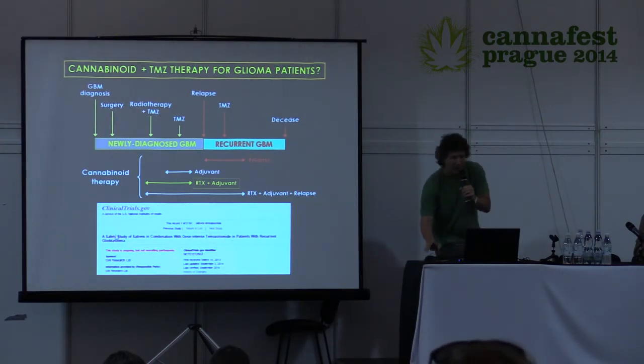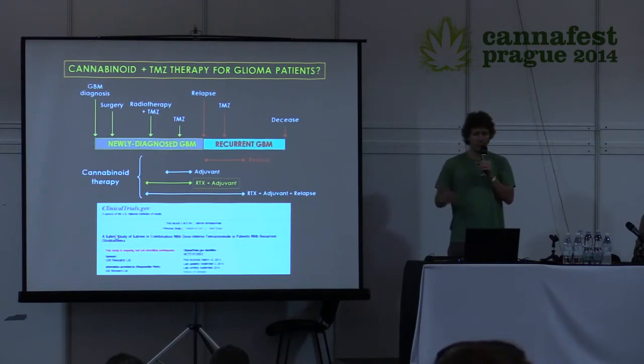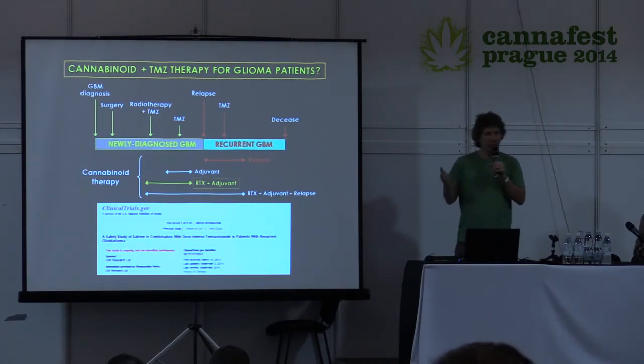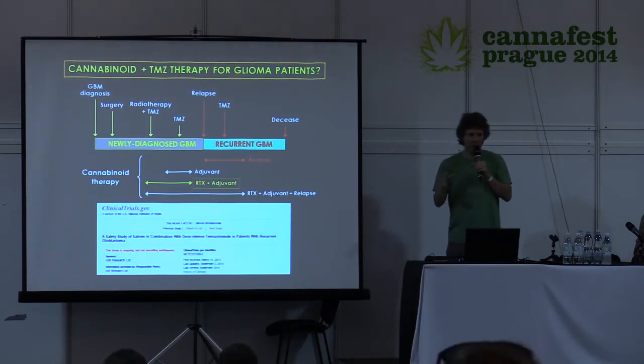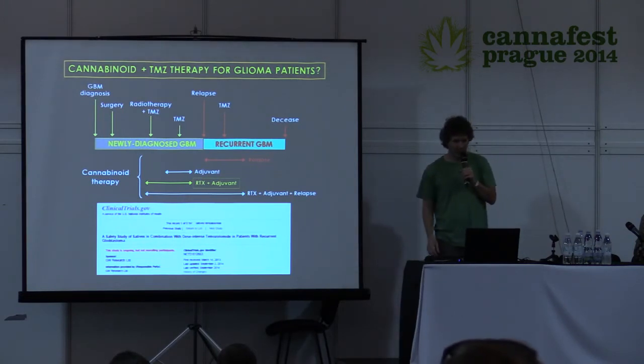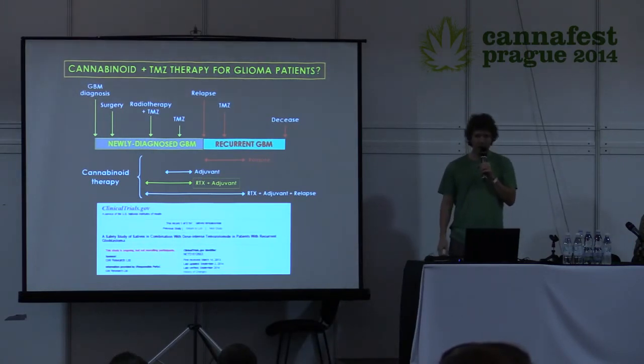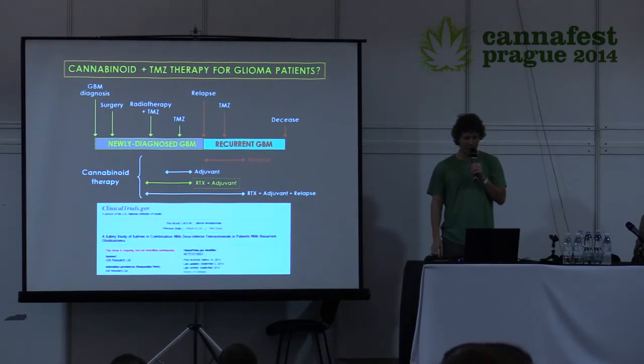This trial is being conducted nowadays in the United Kingdom. It started a few months ago, and maybe in a couple of years' time will tell us whether Sativex combined with temozolomide has some important effect or not in brain cancer patients.